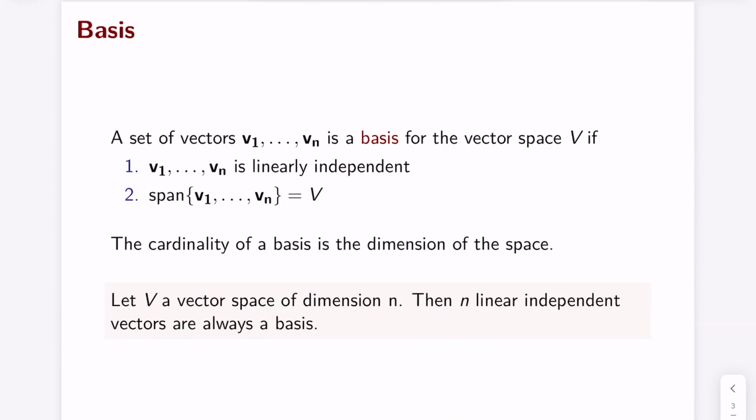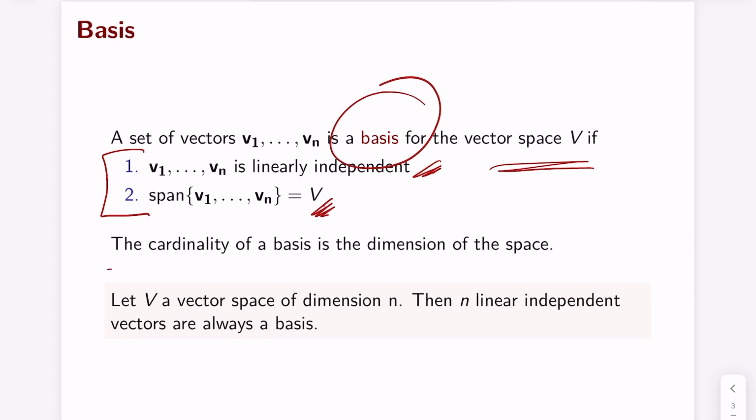And then we knew already what it means in a vector space to span the space, as we saw in the previous lesson. Putting these two things together, if a set of vectors spans the space B and is linearly independent, then it is going to be a basis for the vector space.